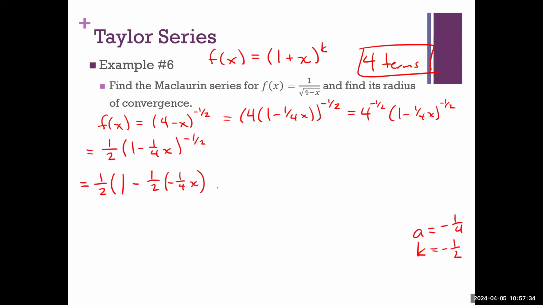All right. What's the next term going to be? So plus negative 1/2, negative 1/2 minus 1, times x squared. What did I say, 4 terms before? 3 is good.